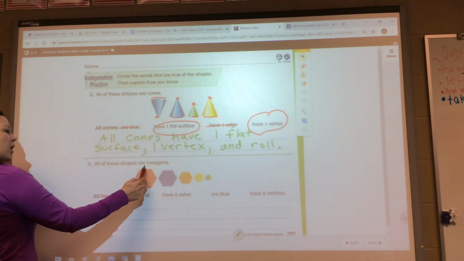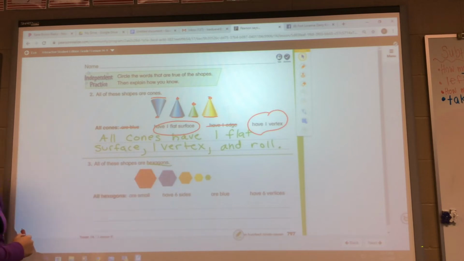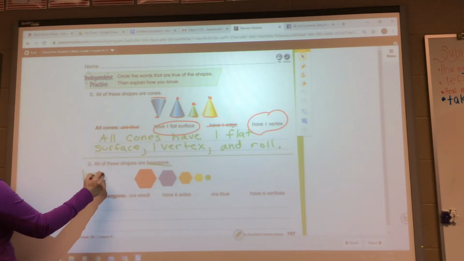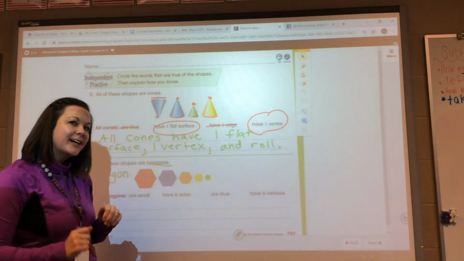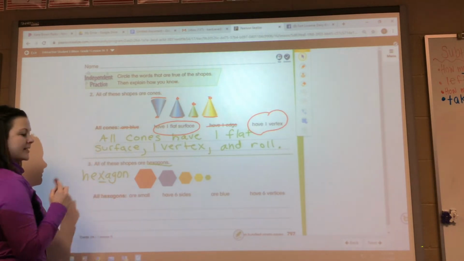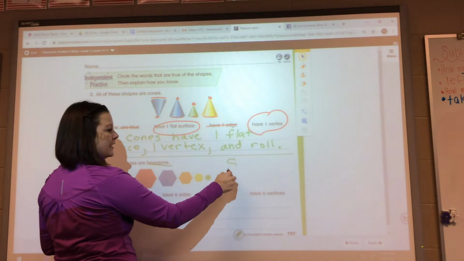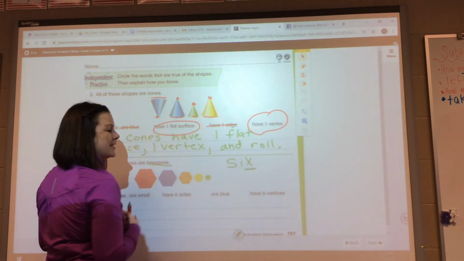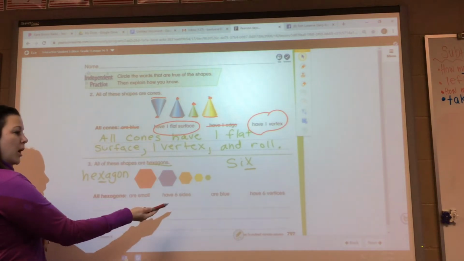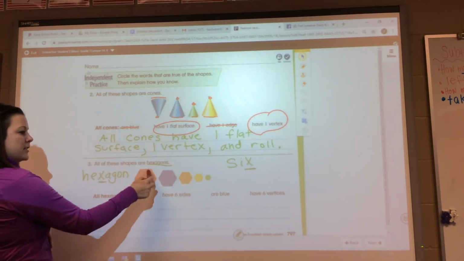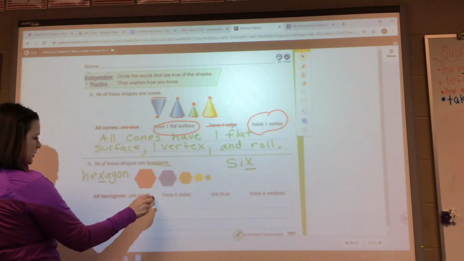All of these shapes are hexagons. Now remember, hexagon. What was our trick for hexagon? The X in hexagon is like the X in the number 6. They have 6 sides. So, are small. It doesn't matter if it's large or small.